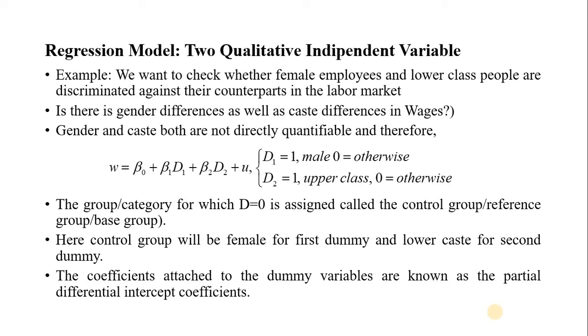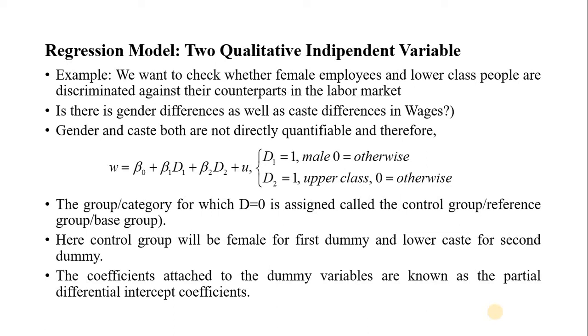And beta 1, the slope coefficient, is not the change in the variable, but a differential intercept coefficient. It shows how the categories to which 1 and 0 are assigned differ.